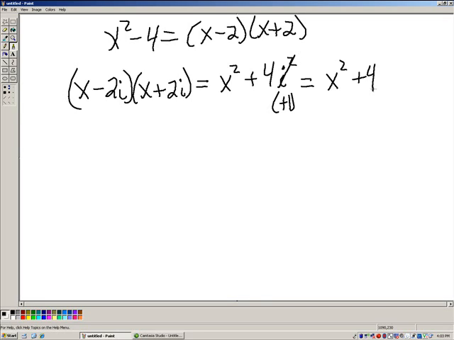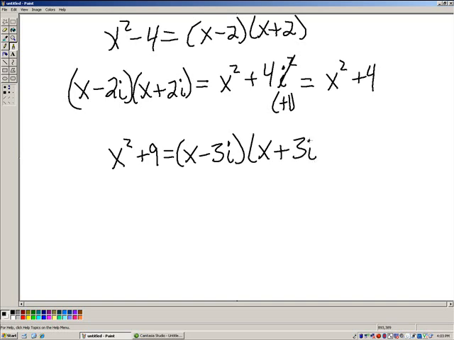So if we had something along the lines of x squared plus 9, then we can know that that's going to factor as an x minus 3i and an x plus 3i. If we multiply that back together, you're going to get the x squared plus 9.